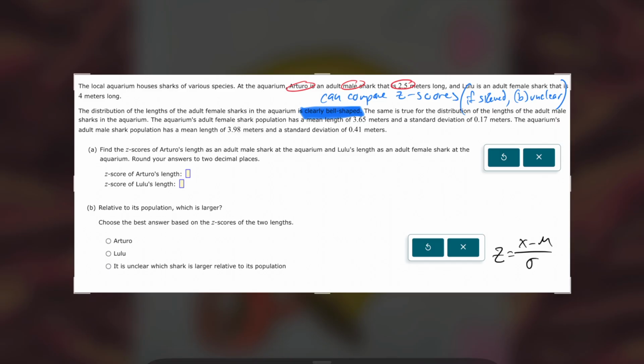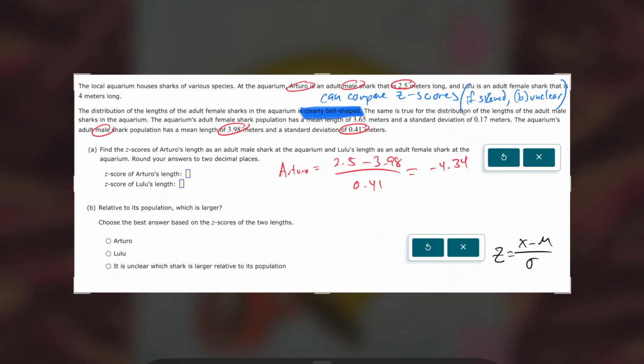So back to Arturo, he's x. Where's my male numbers? Male 3.98, 0.41. So Arturo's length minus the mean for the males and the standard deviation for the males. 2.5 minus 3.98 divided by 0.41 is, wow, negative 4.34.